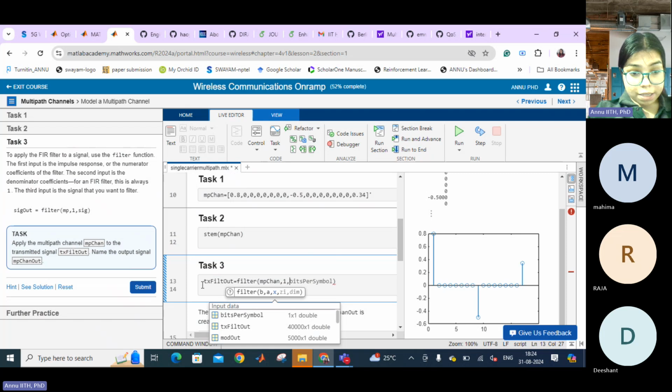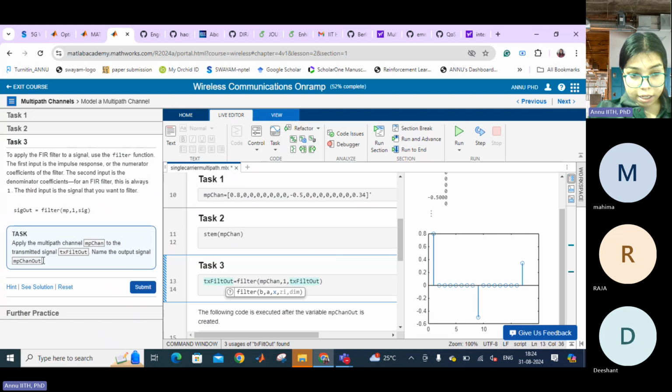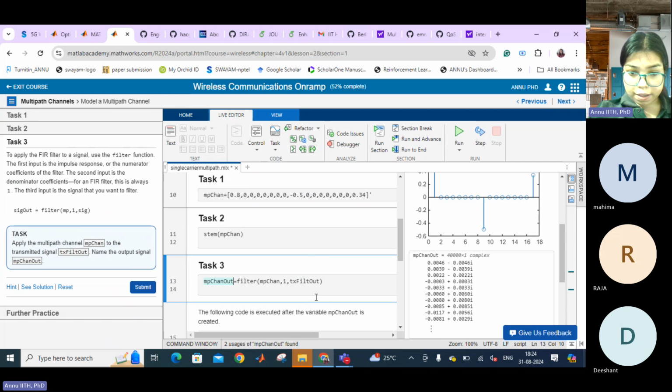Now, the transmitted signal, transmit filter out, let's keep it at this. Let's first see. Okay, this is it.